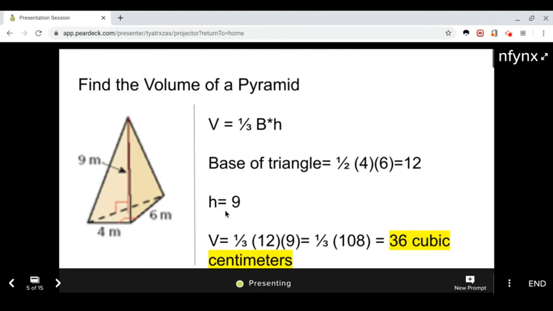If you were to do this on a quiz or test or homework, it's obviously going to be marked wrong or partially wrong because it's not in the correct units. Because it is volume, it's cubic, and since this is meters, it would be cubic meters.